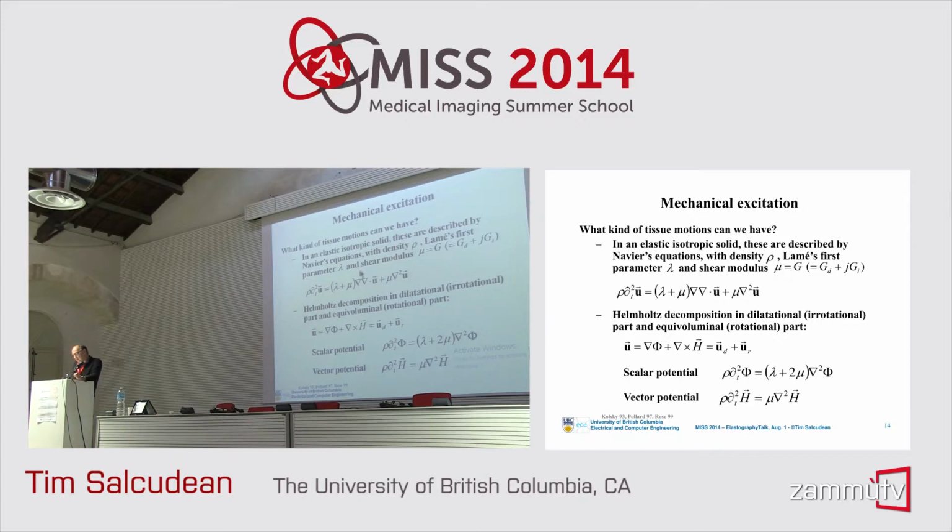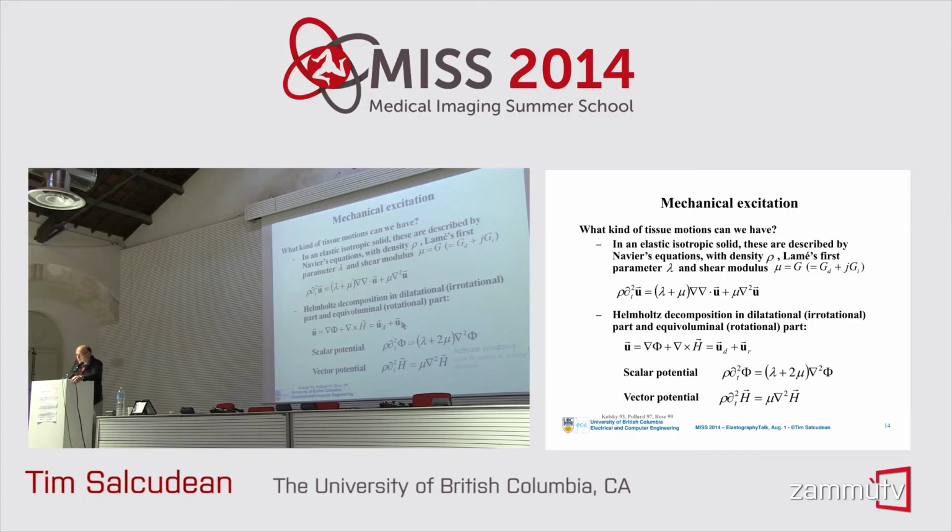We model this as an elastic isotropic solid, as described by Navier's equations, where we have the Lamé parameters, and you're typically interested in the shear modulus, which has a storage component G_d and a loss component G_i.